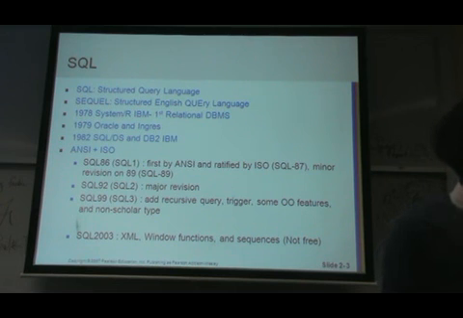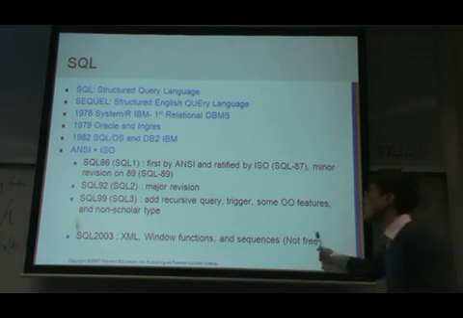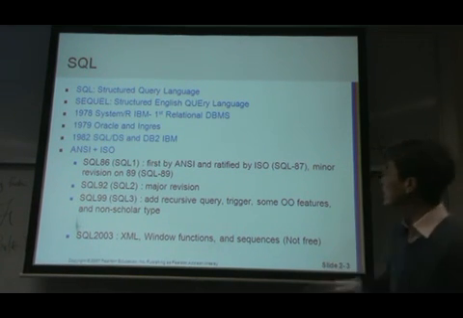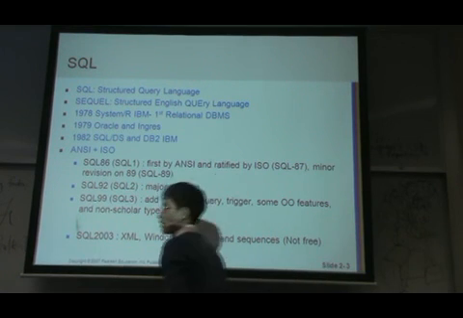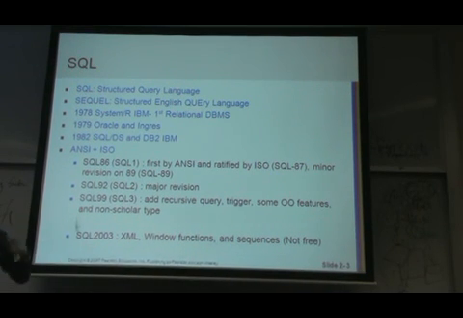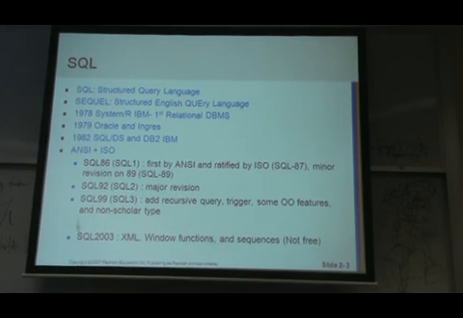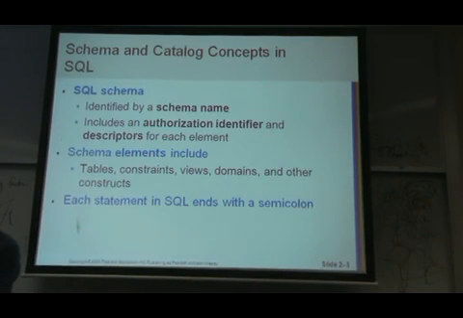There are not many other DBMS companies with market share. Even for educational purposes, we cannot use the new standard, only up to SQL 3. Okay? So this is the overall history. Our class will focus on SQL 2 and 3, mostly SQL 2, with some additional features from SQL 3. Okay?